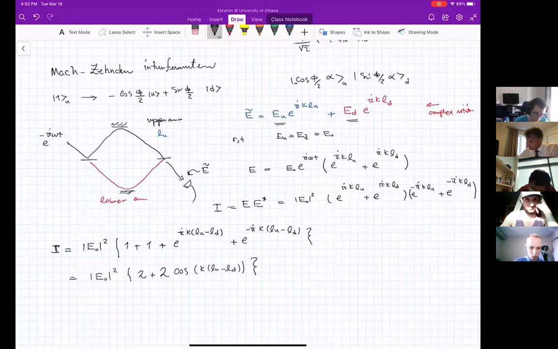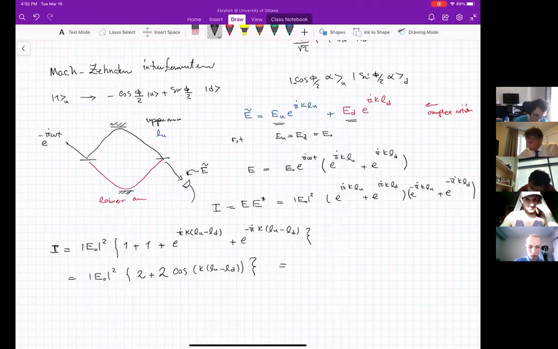All right. So you can simplify even further. You can take out the 2, and then you will get 2 E0 squared times 1 plus cosine of k (L u minus L d).